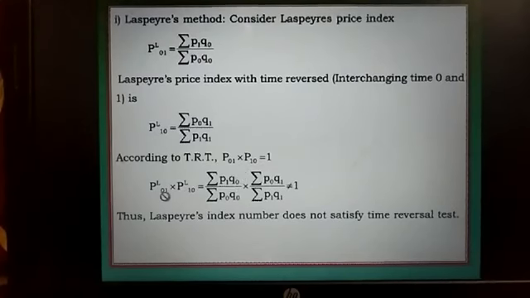So LHS, let us consider Laspeyres' P01 multiplied by Laspeyres' P10. P01 has to be substituted here, and P10 is nothing but time reversed, this formula has to be substituted. Whether it is resulting in 1, we may have to see.